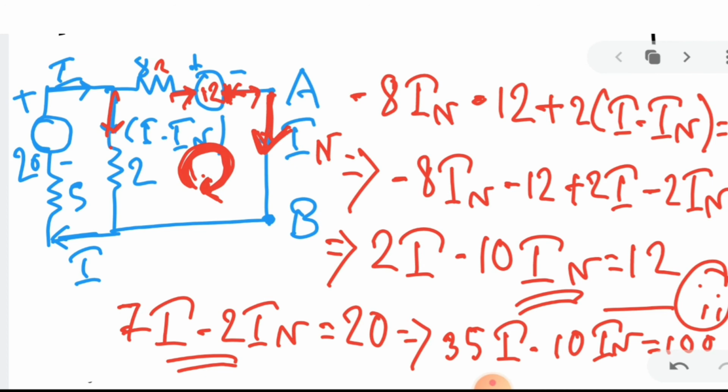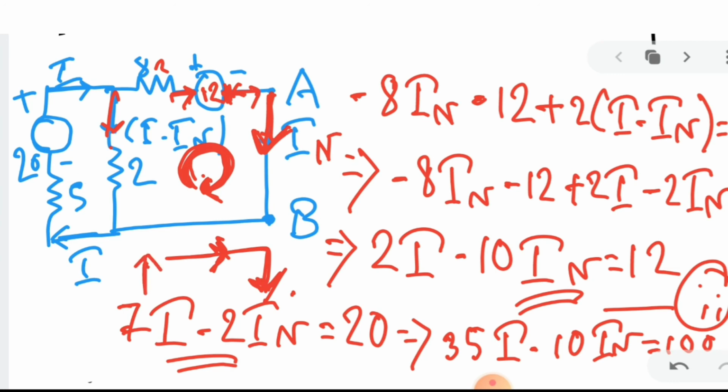If the final Norton's value is positive, it means we assumed the correct direction, but if it is minus, then the Norton's direction is the opposite.